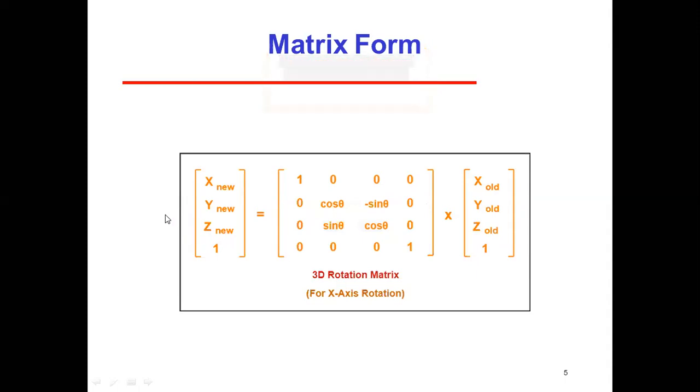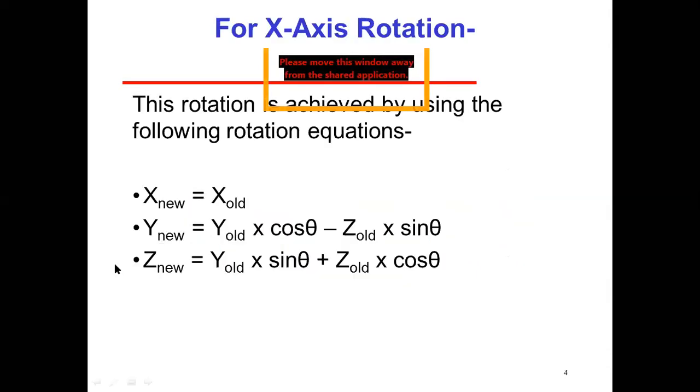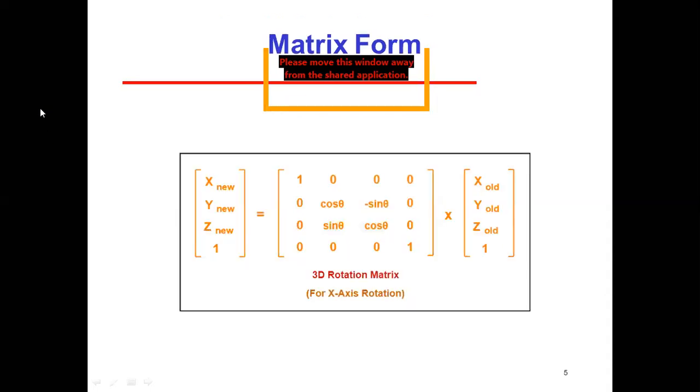Either we can calculate the x, y, z coordinates by using the equations as we have seen in the preceding presentation, this slide. And if we are going to calculate the transformation in the form of a matrix, then we will use this. Okay, so try to remember this.